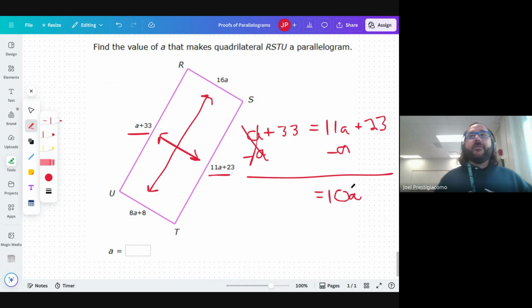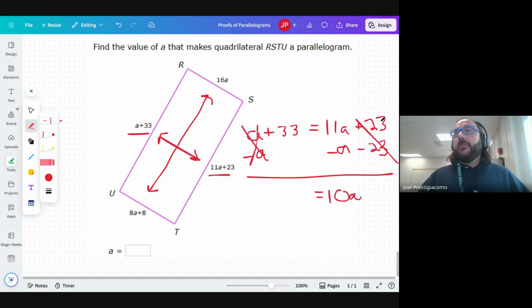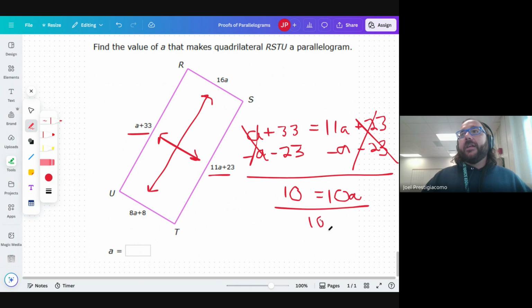Now, because my a's are consolidated on the right, I'm actually going to get rid of this 23 as well by subtracting it. That way, it consolidates all of the constants on one side. And so 33 minus 23 should just be 10. Again, I can divide both sides by 10. You can see that a should equal 1.